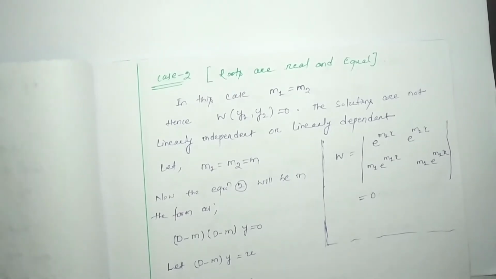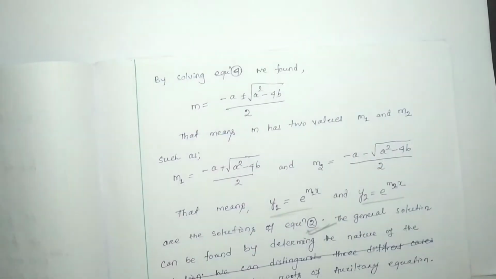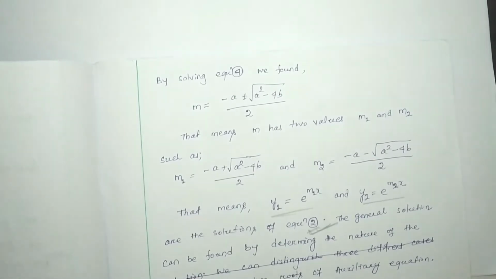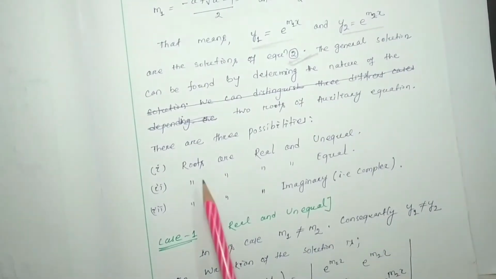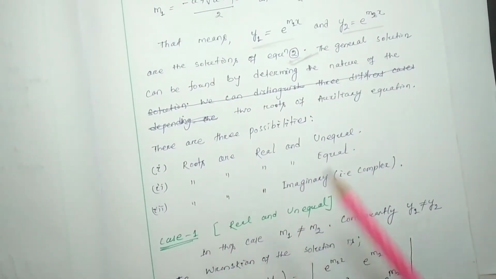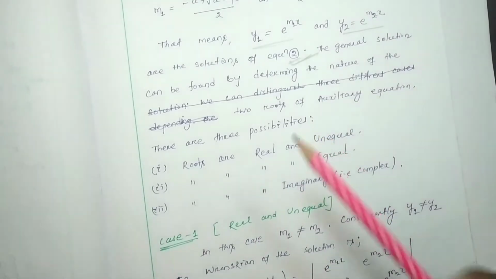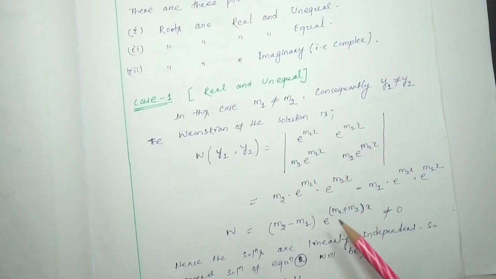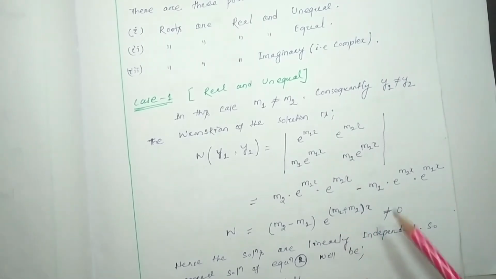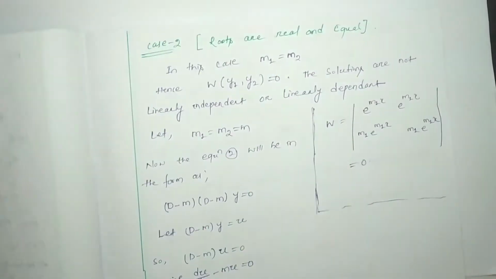So I suggest that you remember these three procedures: when the roots are real and unequal, what the solution is, what the Wronskian is, and if the Wronskian is not equal to 0, whether the two solutions are independent or dependent. These are the basic things you should always remember.